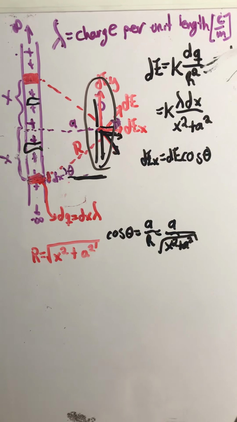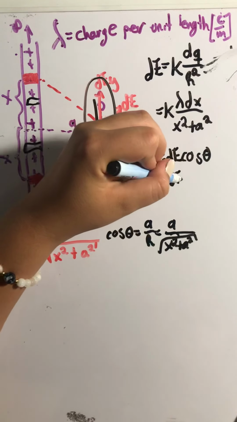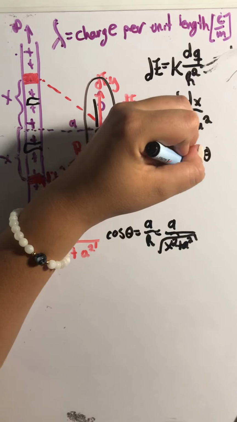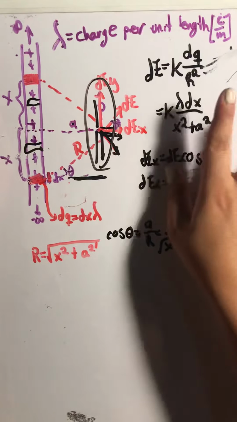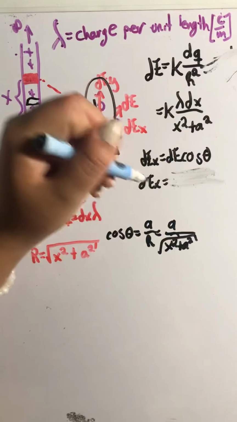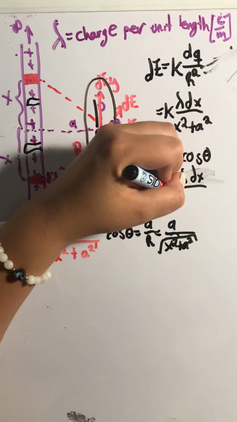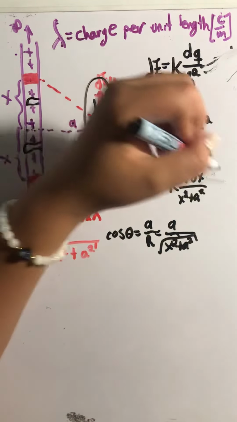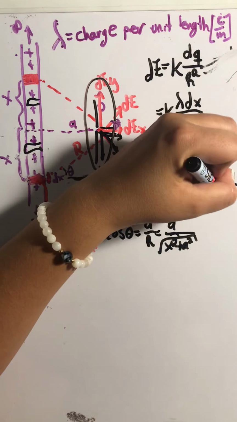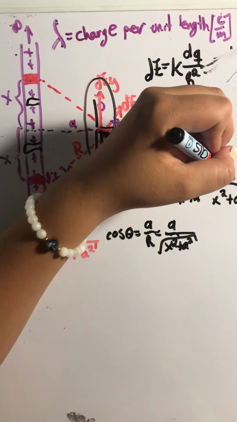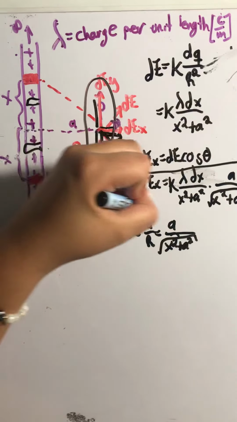Therefore, dEx equals k lambda dx over x squared plus a squared, times cosine of the angle, which is a over the square root of x squared plus a squared. That's dEx.